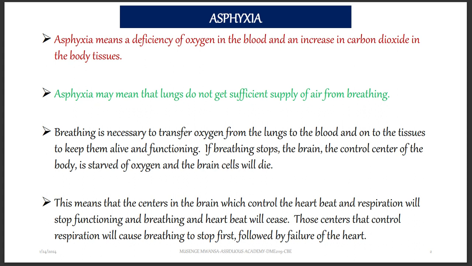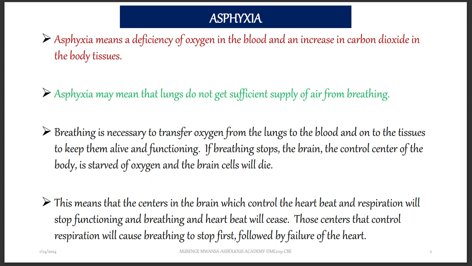So you were not breathing well, so breathing stopped and you didn't have enough oxygen transported to the body. And because of that, not enough oxygen went to the brain. And the brain is what controls the entire body. So the brain cells have been starved of oxygen and so they end up dying.